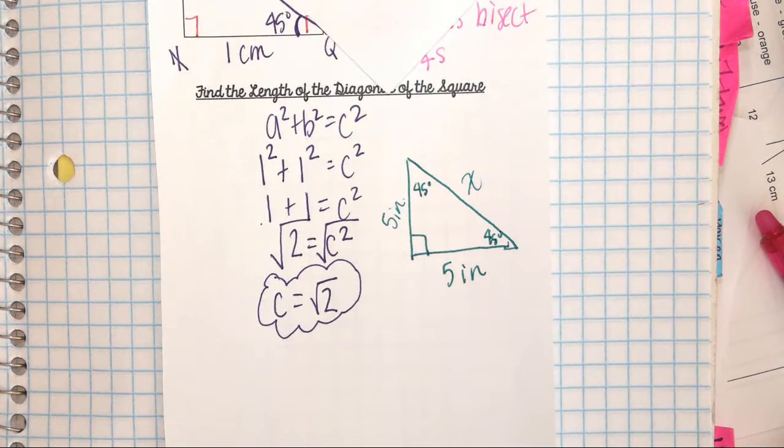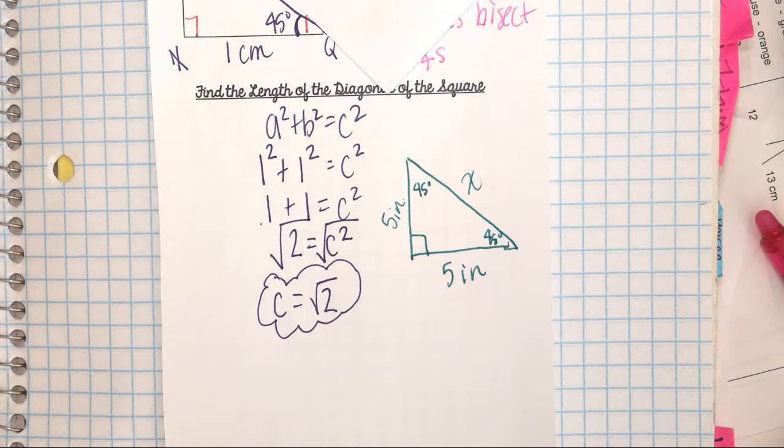Use the Pythagorean theorem and find x without me. Do not get a decimal. Simplest radical form. You're not done yet.